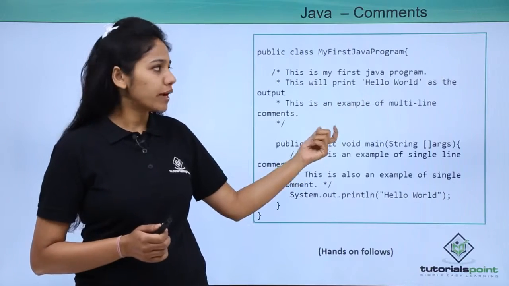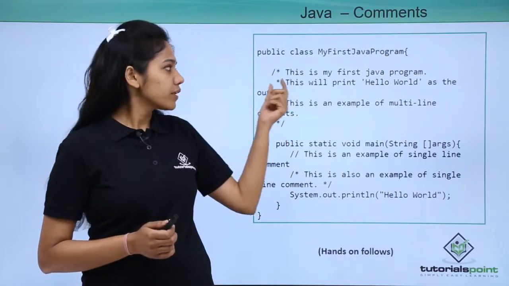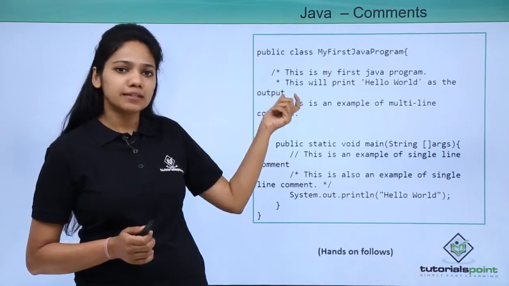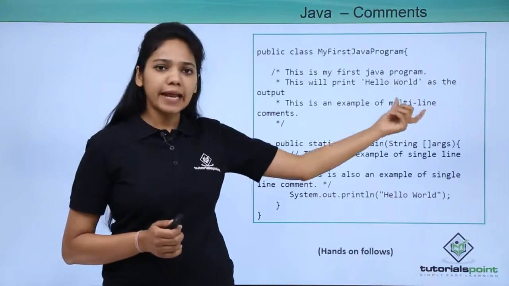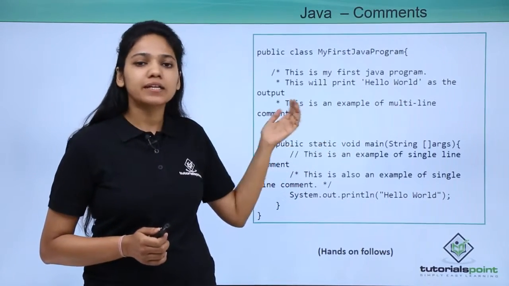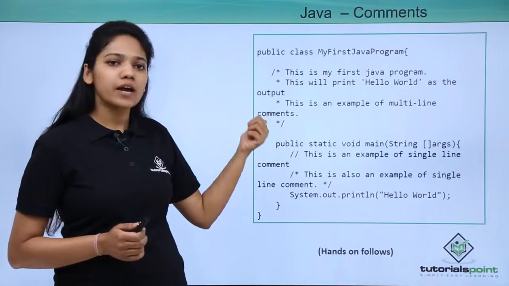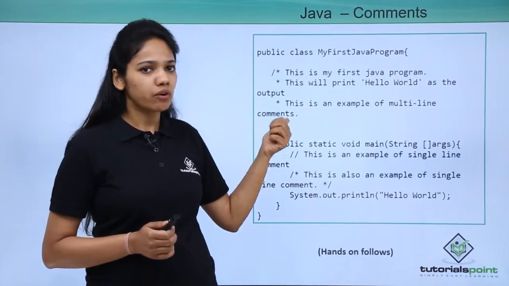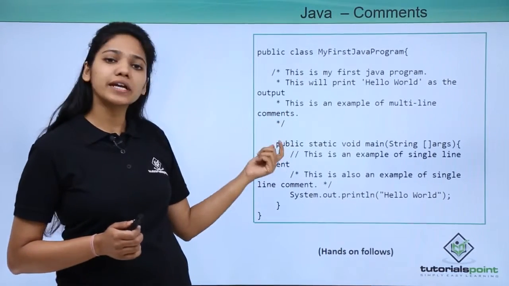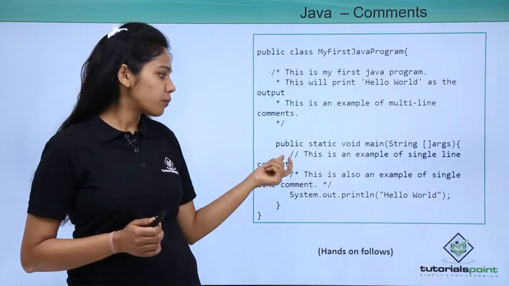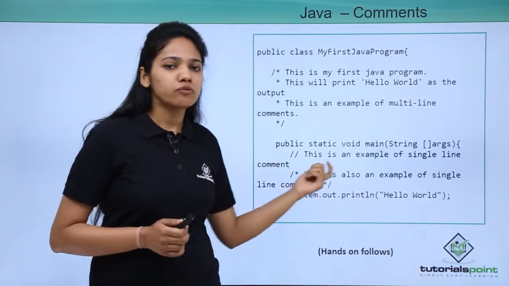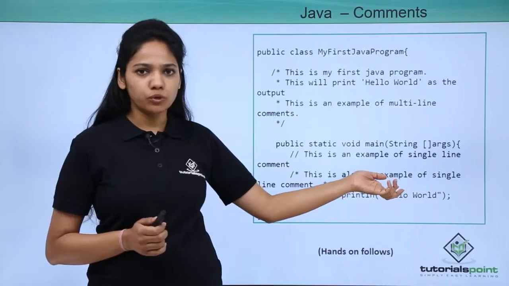Once you press enter, the asterisk follows by itself. Once you complete writing your comments, please close with an asterisk followed by a forward slash. You write a single line comment by providing 2 forward slashes followed by the comment you want to provide.